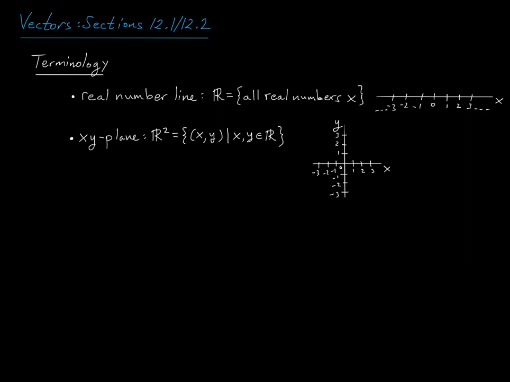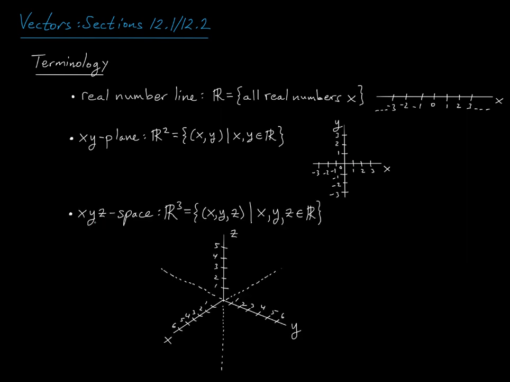Now if you go up yet another dimension, we're now looking at xyz space, and we'll denote that as R3, or R cubed in other words, and it consists of all ordered triples x, y, z, where x, y, and z are real numbers, and x, y, and z here are just the coordinates of the various points in space. So for example, let's say I have the point P with coordinates 3, 4, 5.